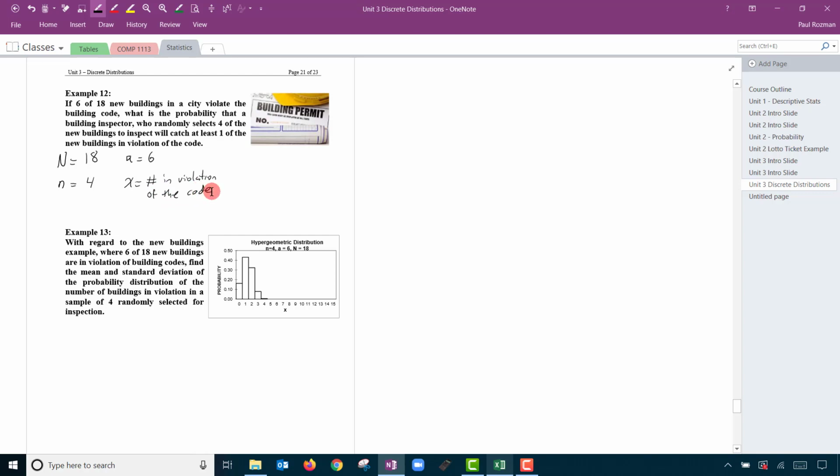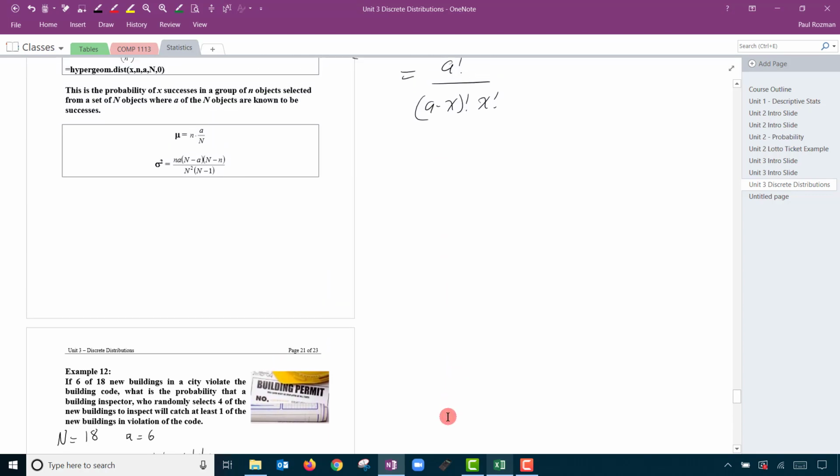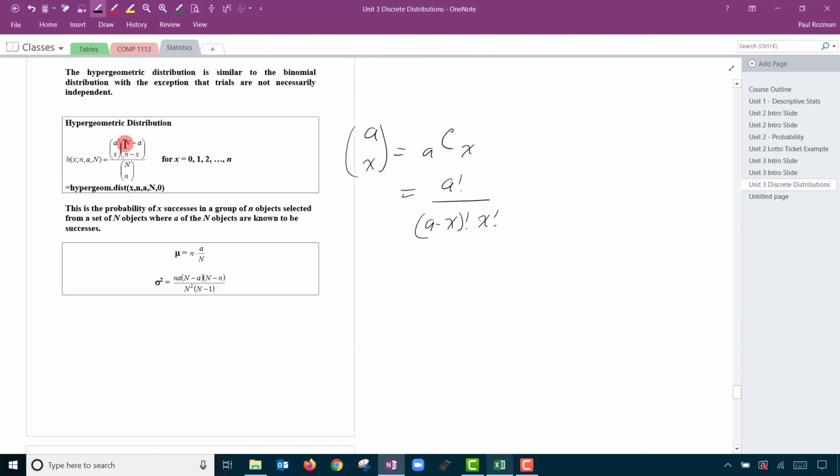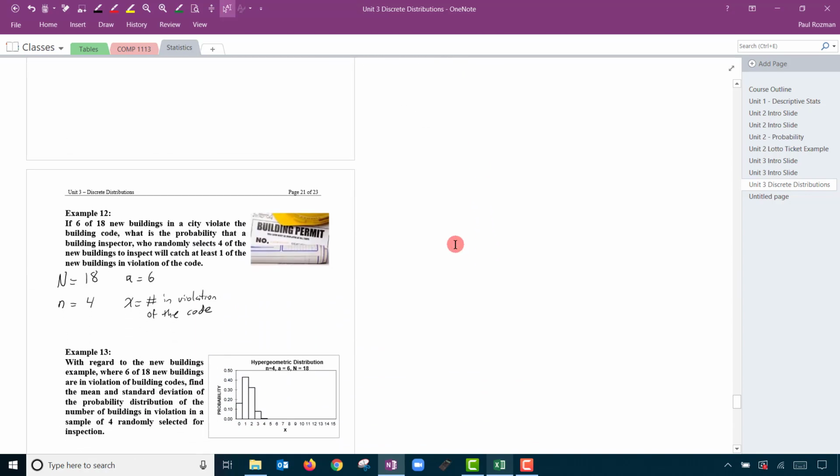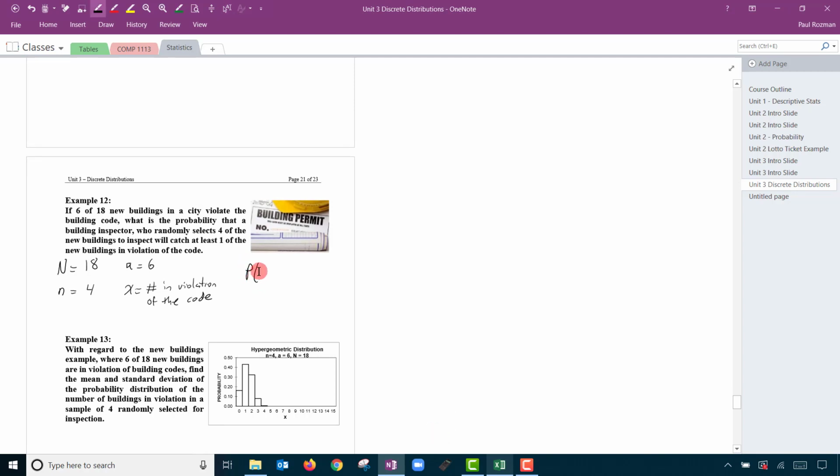So that will help us with our variables if you're strict about using the formula. For me, these kind of make sense, where I don't really look at that formula that much. But again, I probably have a little bit more experience than most on this. We want the probability of at least 1, it says.